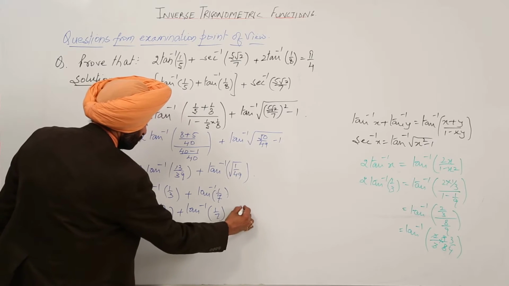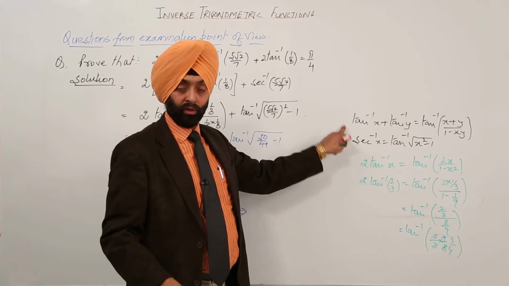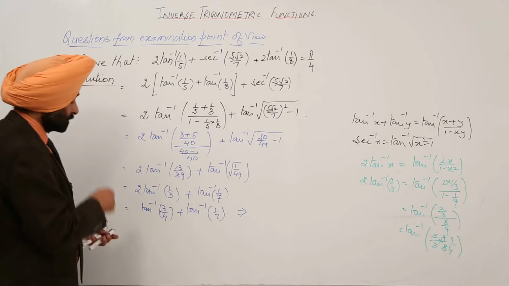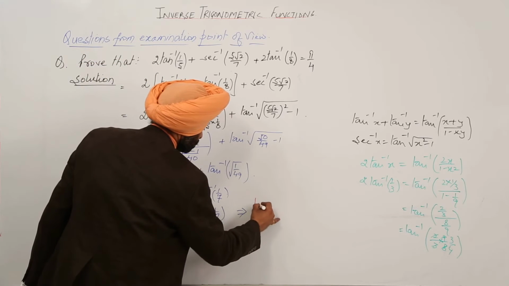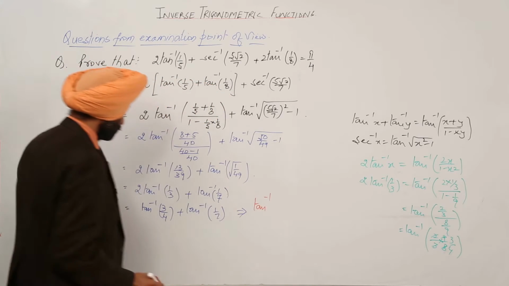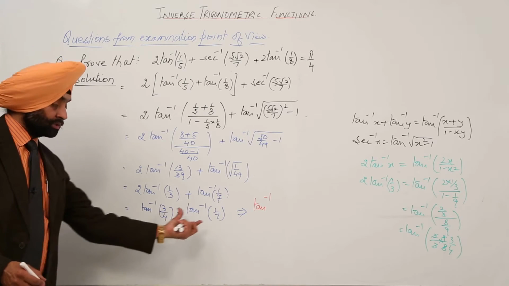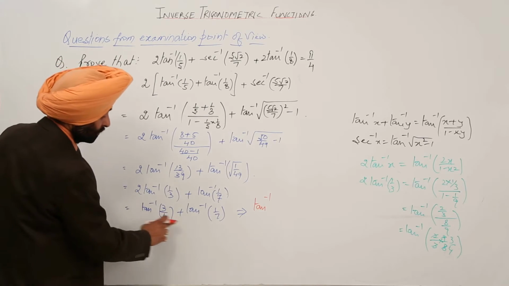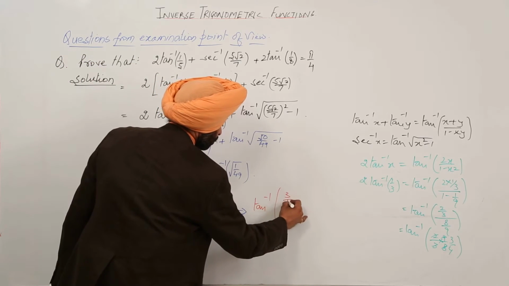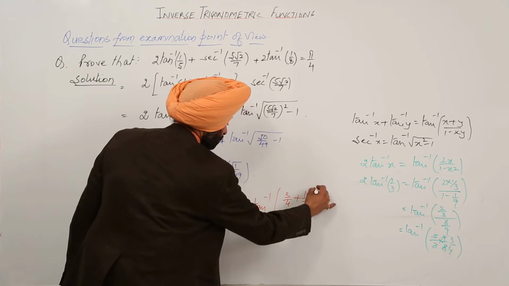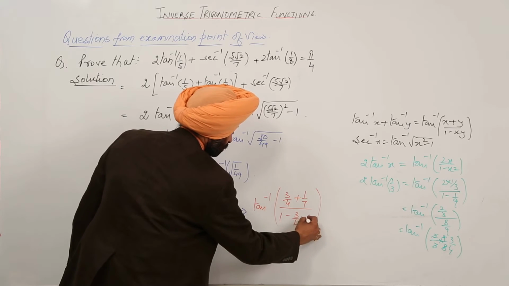Now again for this part, we use the same formula, tan inverse x plus tan inverse y. What is x? 3 by 4. What is y? 1 by 7. So tan inverse of 3 by 4 plus 1 by 7 upon 1 minus 3 by 4 into 1 by 7.